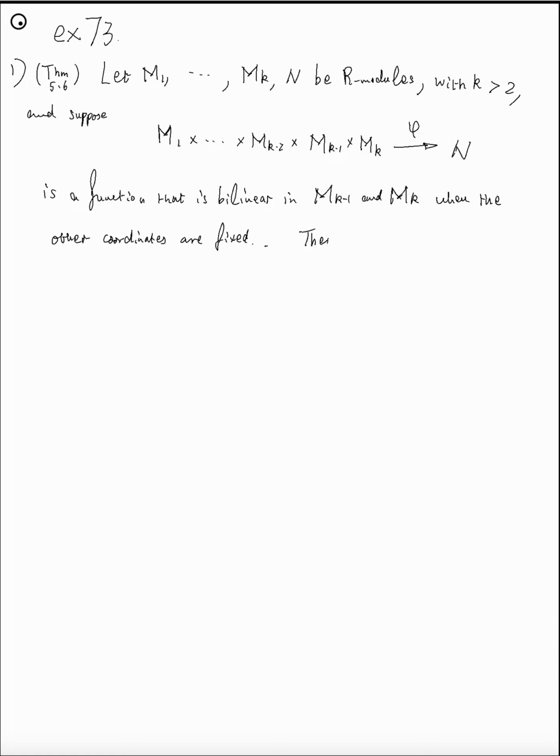So the conclusion is, responding to our intuition, there is a unique function from M1 product through Mk-2 product Mk-1 tensor Mk. So here comes the tensor product.